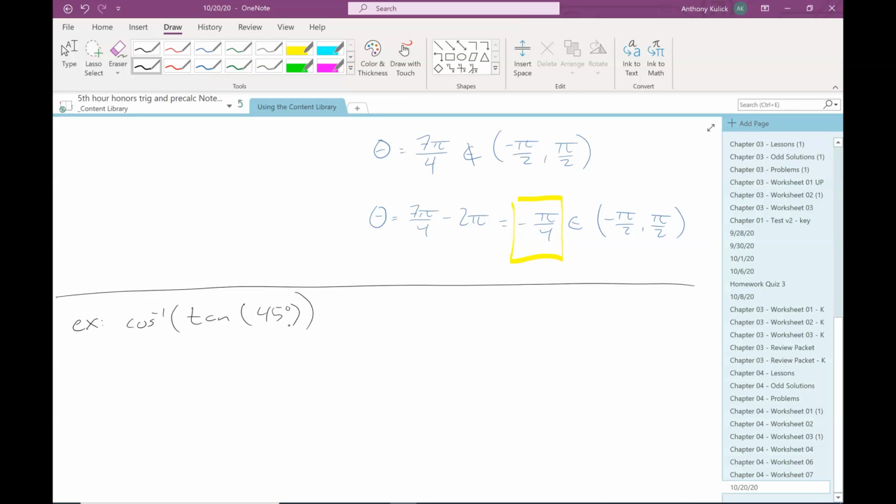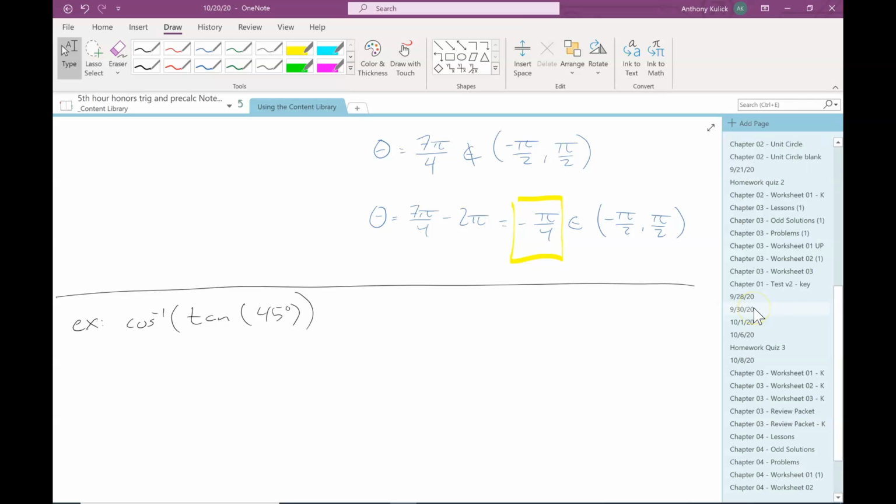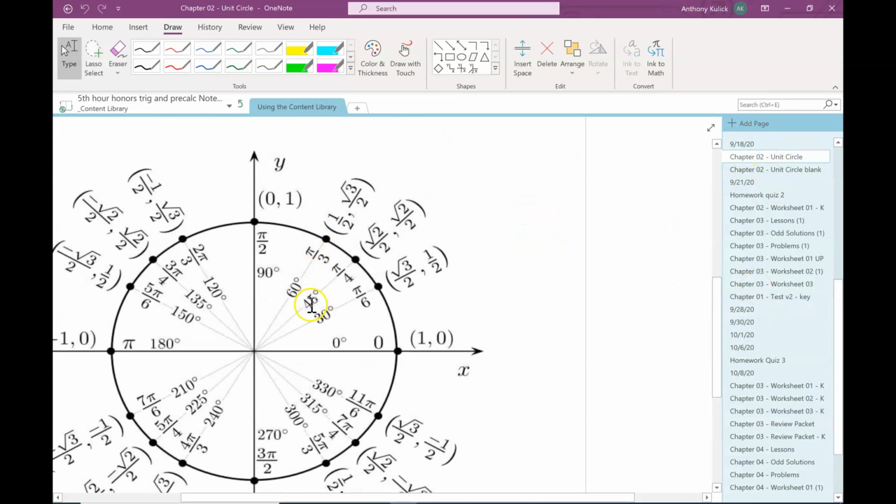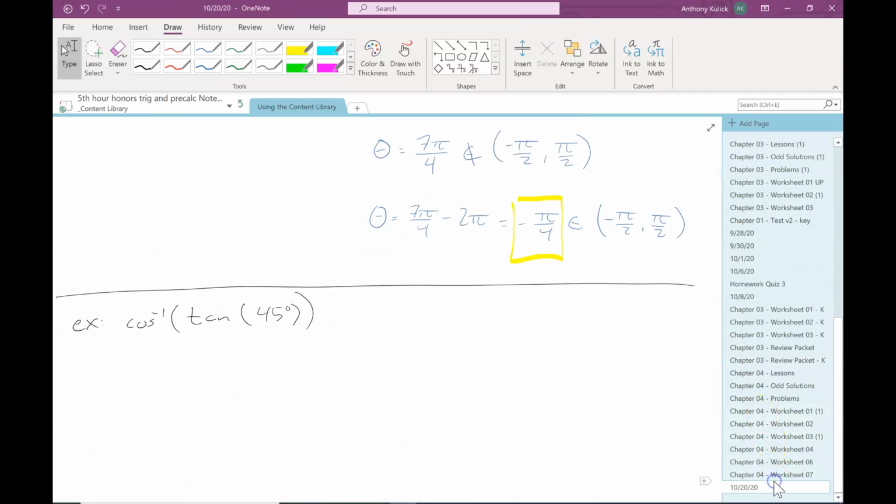So on this problem, we'd want to start with the inside, because tangent of 45 is just a number, right? We can find that number by going to the unit circle, locating the 45-degree angle, and then remembering that tangent is y over x. So this is going to be root 2 over 2 divided by root 2 over 2, which is 1.